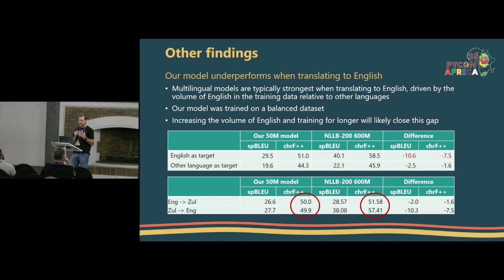Multilingual models typically are strongest when translating into English, so from any language to English, because in the data sets there's usually a relative abundance of English, so it gets very strong at that. I used back-translated data mostly, which created a very balanced data set, so there's no gap in English as a target, which is obviously an area that one could optimize for by just adding more English.